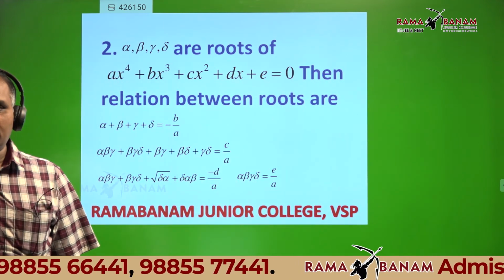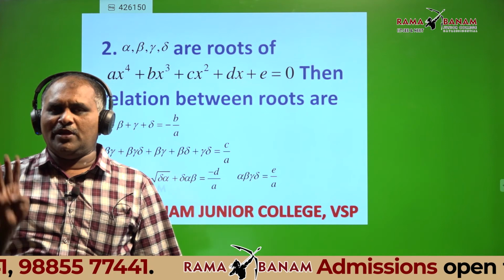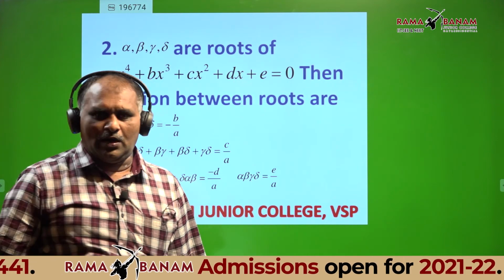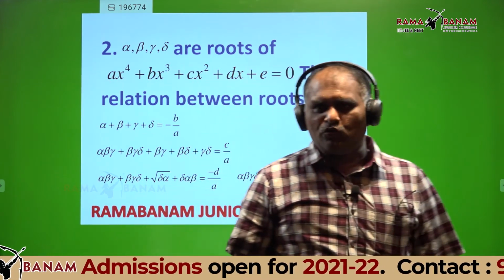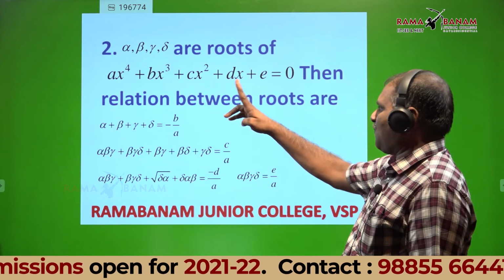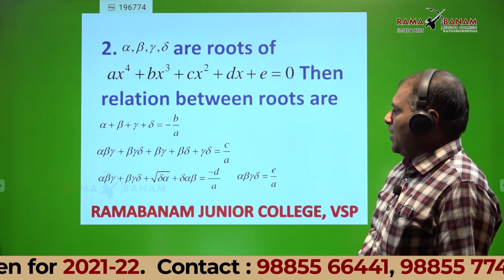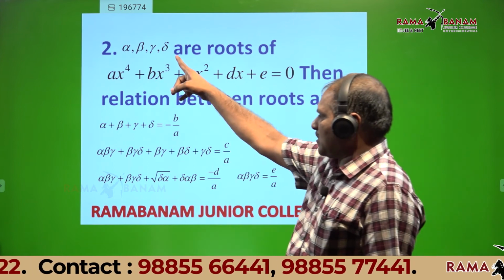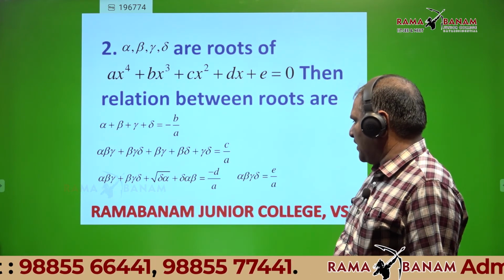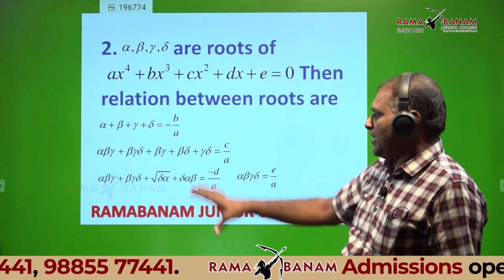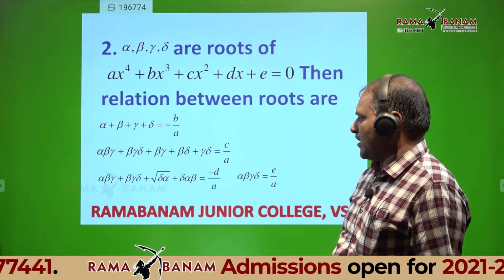When it is a fourth degree equation, that means 4 roots are possible. What are those 4 roots we can assume? Alpha, beta, gamma, delta. 4 roots are there. What are the relations? Here the relations you can get like this.